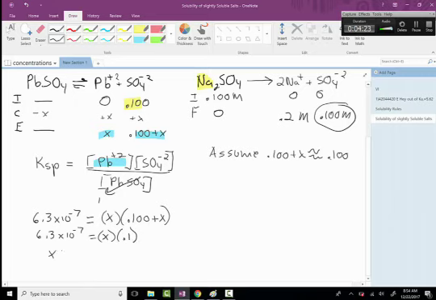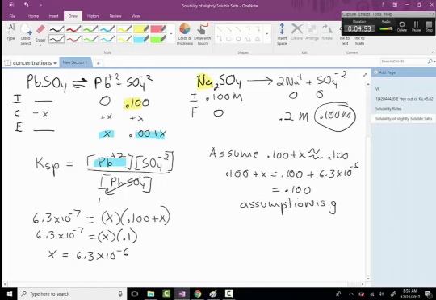And so x equals 6.3 times 10 to the -6. And therefore 0.100 plus x is equal to 0.100 plus 6.3 times 10 to the -6. Clearly my assumption is good. And that's how you solve these.